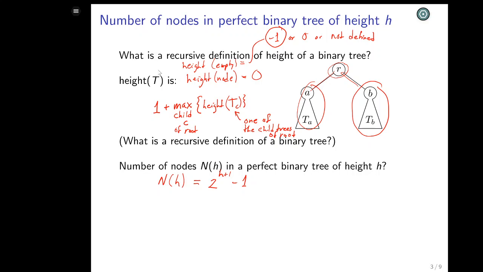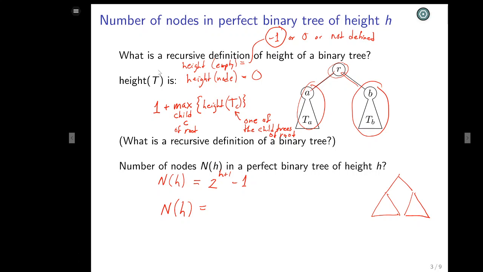But if we think about the recursive definition of the tree, we can come up with an expression for this that is a recurrence relation for the number of nodes. So if I look at the number of nodes for a tree of height h, this is equal to, if h is large, it's equal to what? This is a perfect binary tree. It means it's just like it's got two equal children, like they're the same size.